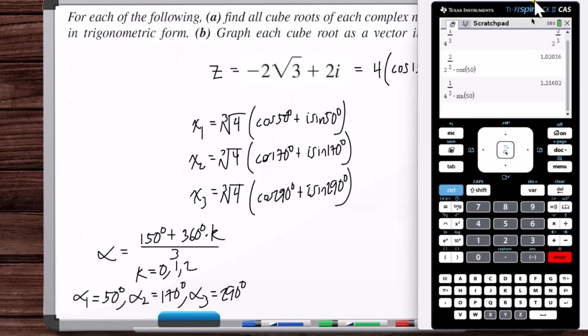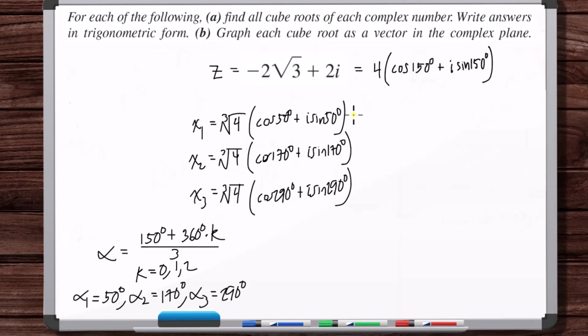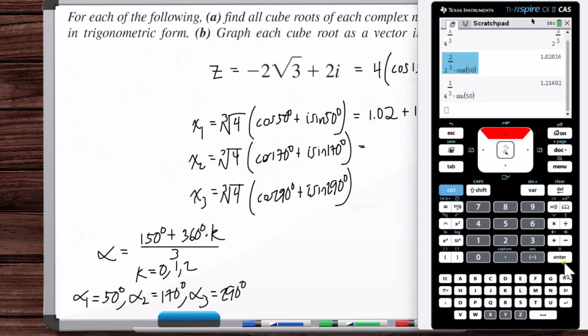So 1.02 plus 1.22i. Yeah. There we go. Okay. Next, we want to do cosine of 170, minus 1.56 plus 0.28i.